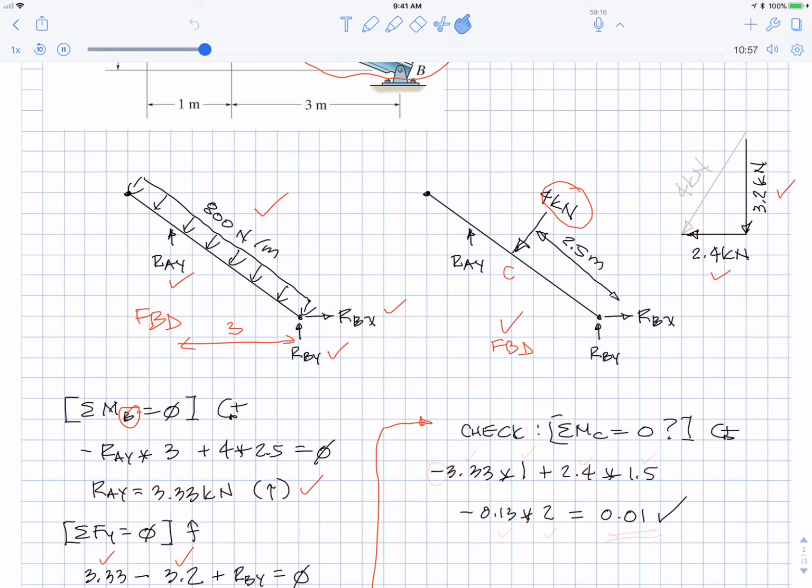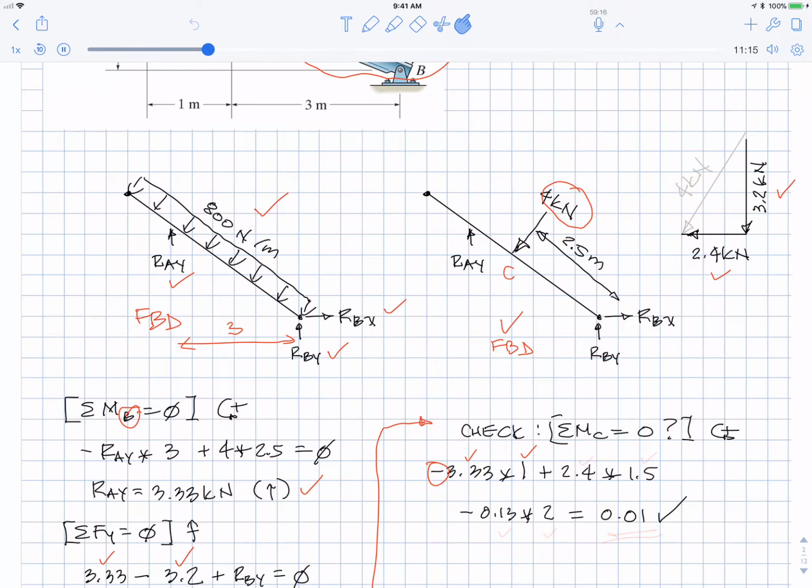So I checked it. I did moments about C, checked that it equals 0. So we have the RAY 3.33 kilonewtons going up. So it's going clockwise around C, so it's negative. Its perpendicular distance was 1 meter.